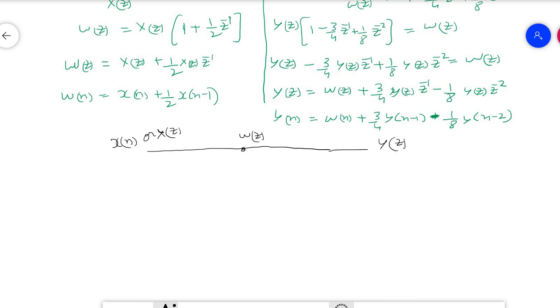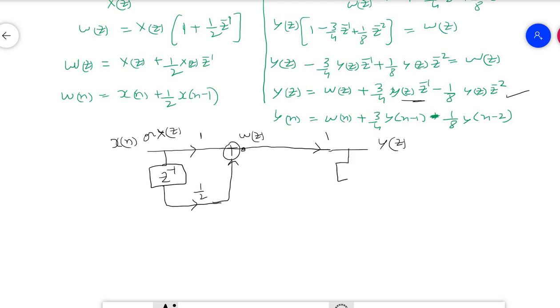This W(z) is equal to X(z), it means that this is like that: X(z) z^-1, it means this 1, and add with this realization. So the value is 1/2 in this case. Now after that, from the second equation, this Y(z) is equal to W(z), so it is 1, Y(z) into z^-1.